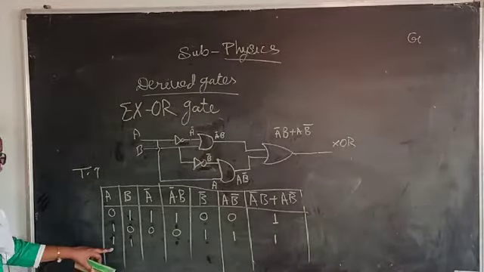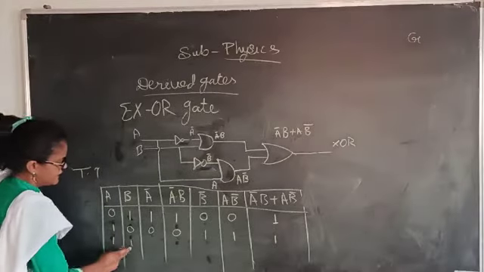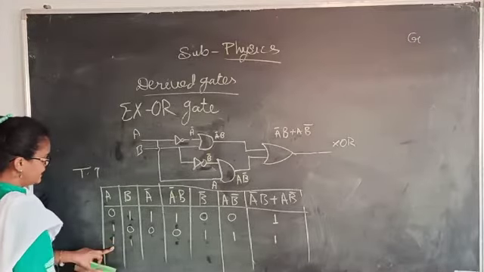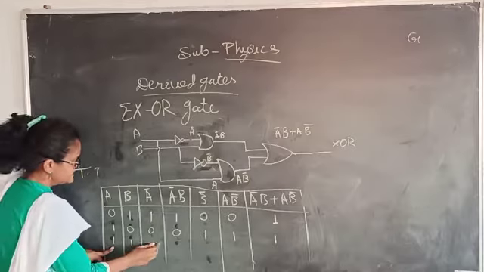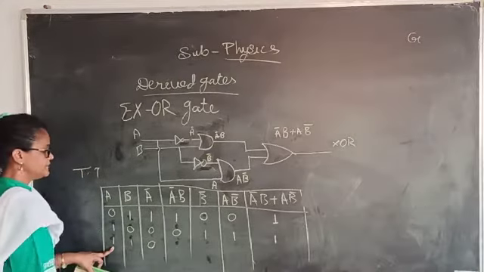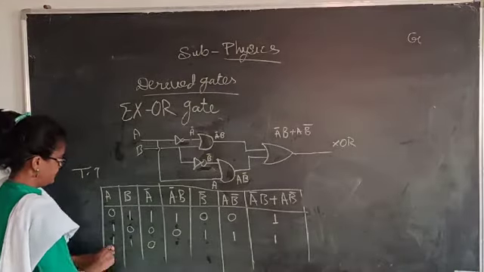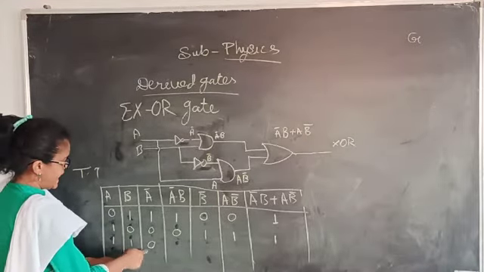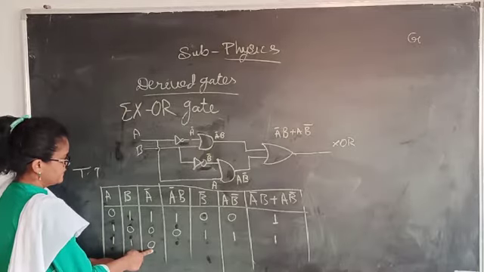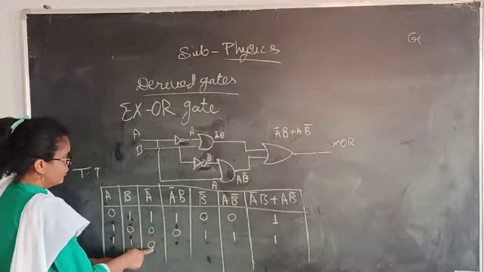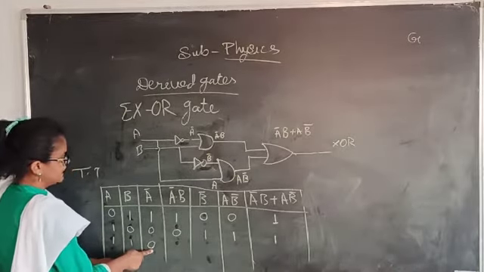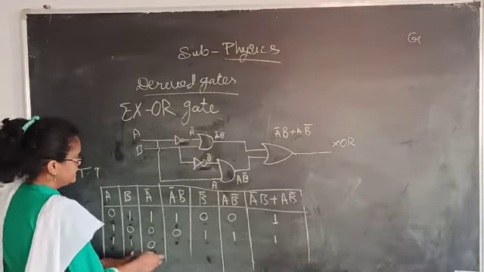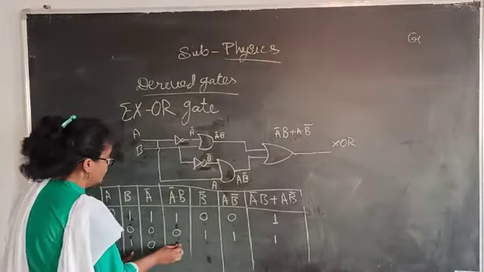Now here both the inputs are high. So if A is 1, A bar is 0, its negation. Then A bar B, A bar AND B. When you are using AND, both the inputs are high, then only the output is high. Therefore, here it is 0.